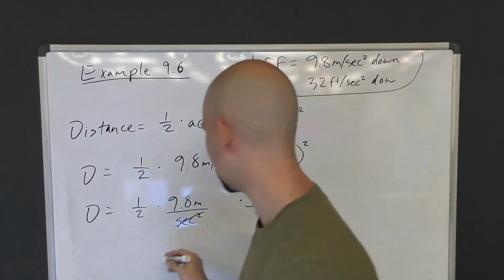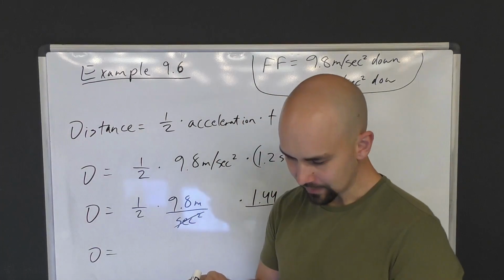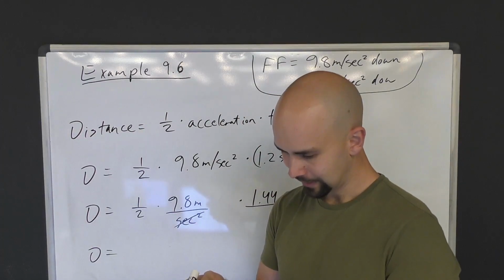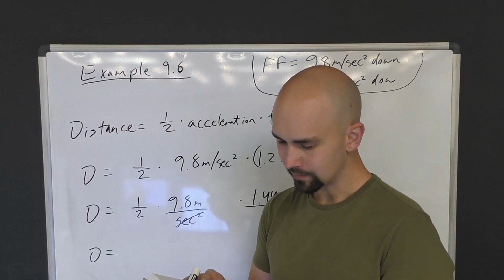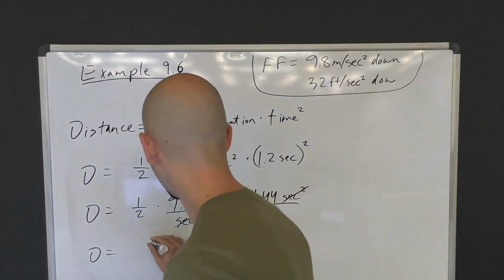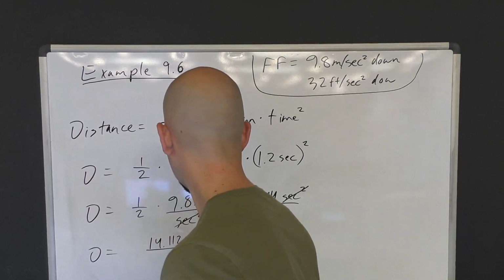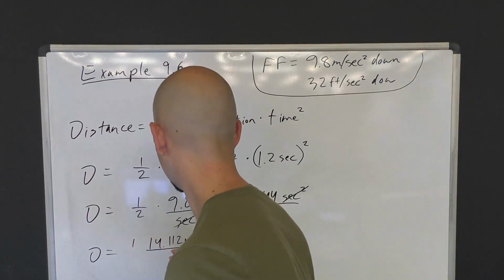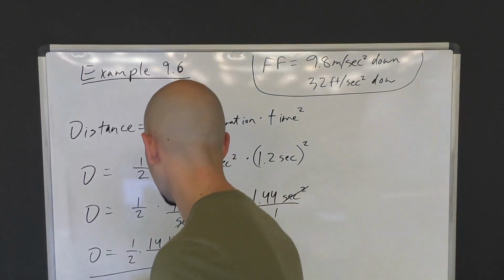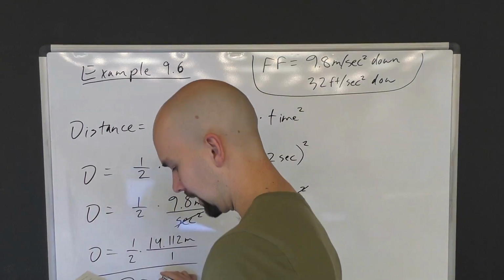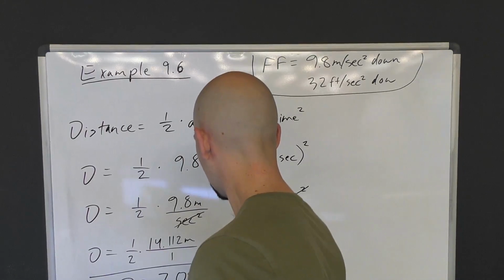And so let's just do the numerator first, although you really could do it all at once. 9.8 times 1.44 is going to be 14.112 meters, and we're going to be multiplying that by 1/2, so just divide that by 2, and our answer is that the distance equals 7.056 meters.